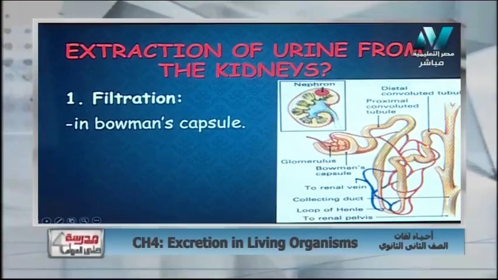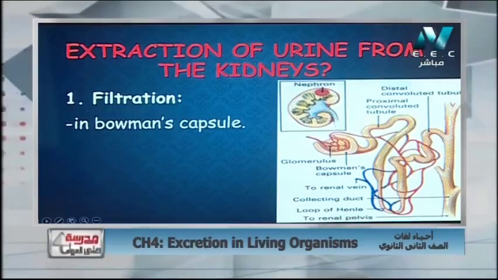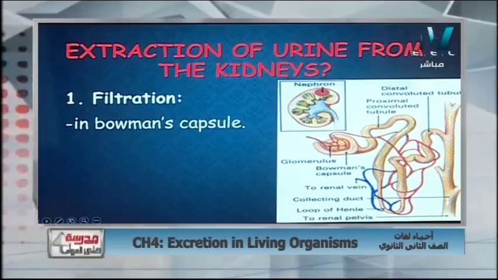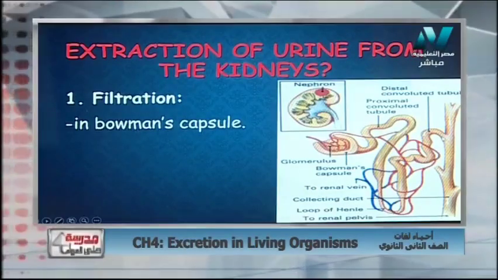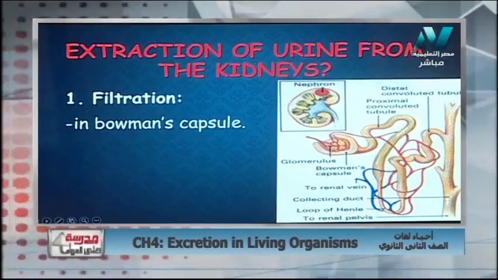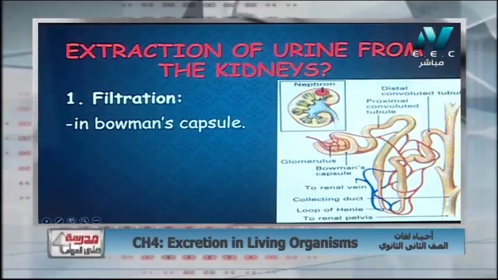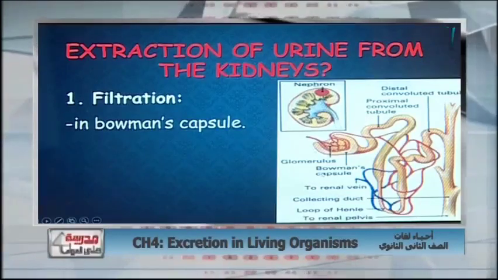And the third part is the second coiled tube. After collecting the urine from the blood, the urine is poured in the collecting duct, which collects the urine from different nephrons and moves to find its way out of the body.